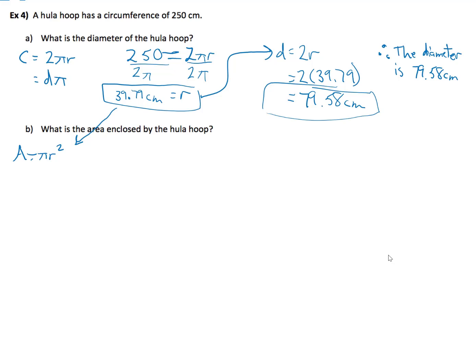So the actual area is going to equal pi times 39.79 squared. Okay, so this should equal 39.79 squared, then times it by pi. You should get 4,973.91. And that's rounding to 2 decimal places. And the units are in centimeters, so it's centimeters squared in this case.